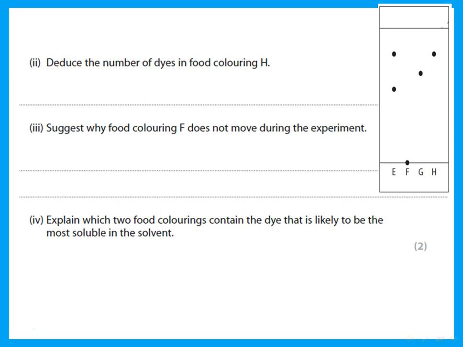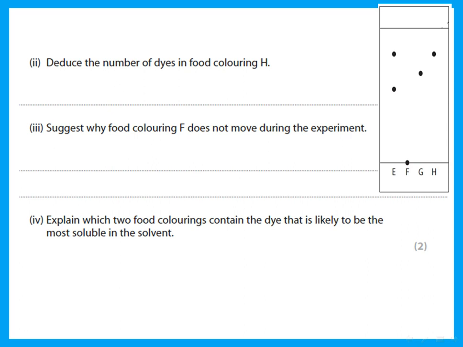Then he says, deduce the number of dyes in food coloring H. I'm going to remind you again that each of these food colorings go up and separate into different spots. So E, for example, has separated into 2 spots, and that means it has 2 constituents or 2 substances inside it.